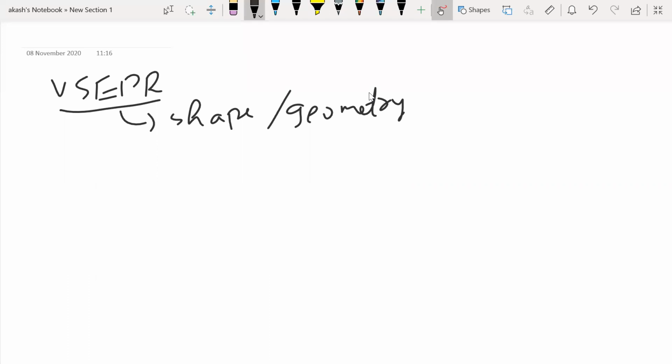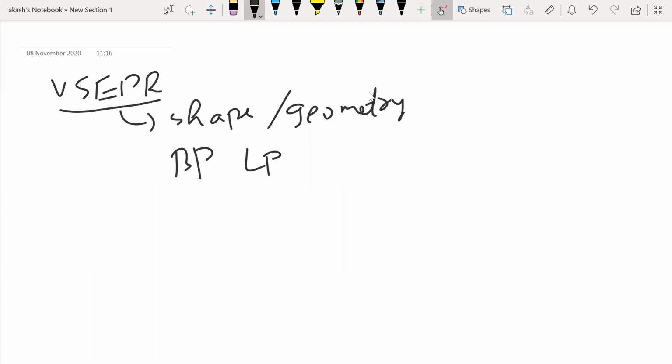So obviously the shape or geometry is going to be based on the electronic repulsions. It's not all types of electrons you're going to take into the picture. Obviously you're going to take only two types of electrons, that is the bond pairs (BP) and the lone pairs. So there can be different types of repulsions between the bond pairs and lone pairs.